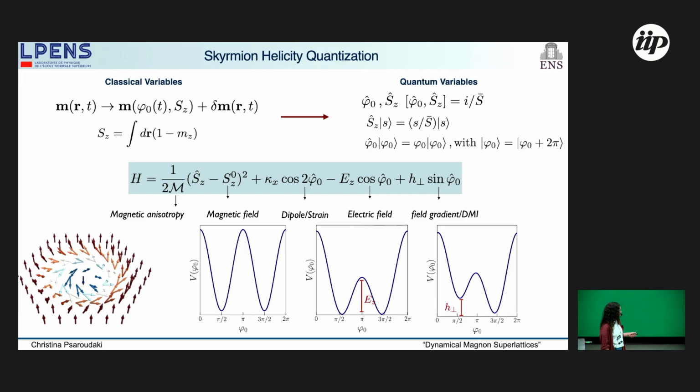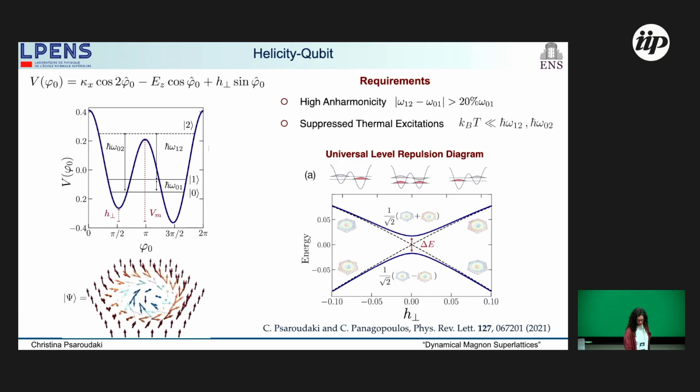So we have a well-defined two-well potential that corresponds to two states that have distinct helicities, like in these schematics here. So we are looking for eigenstates of this Hamiltonian. In this double well example, we can identify the lowest two as being the qubit states.